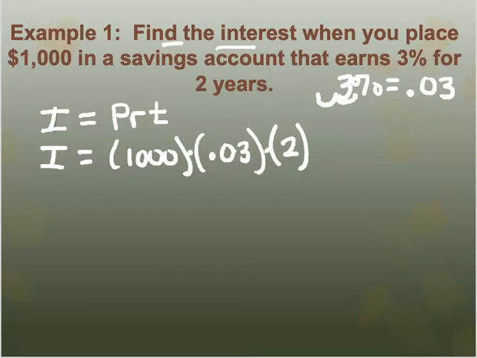So this is 1,000 times 0.03 times 2, which gives us I = $60. So if we were to put $1,000 in a savings account that earns 3% for 2 years, the interest we would earn back from that would be $60.